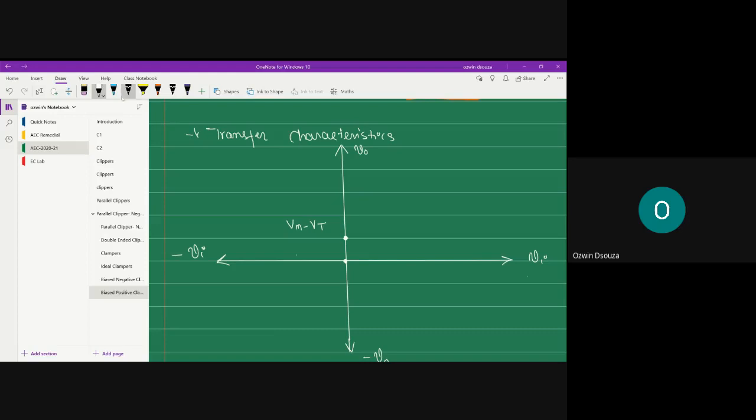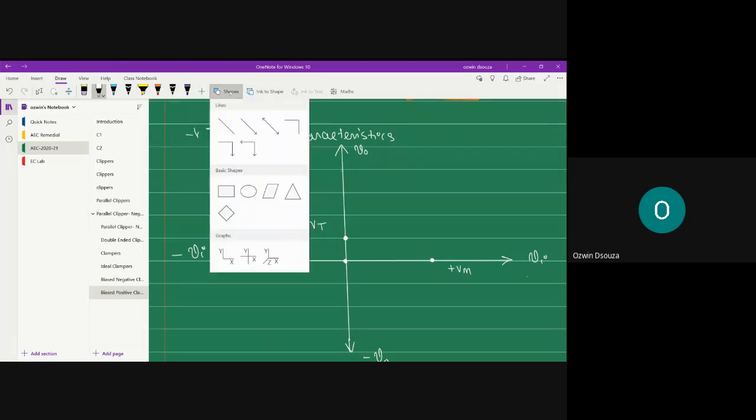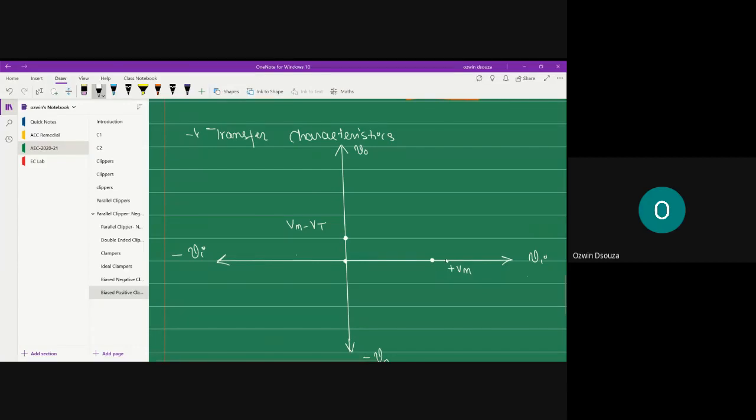On the other hand, when your input reaches plus Vm level, your output will be at 2 Vm minus Vt level, so somewhere here we can show.